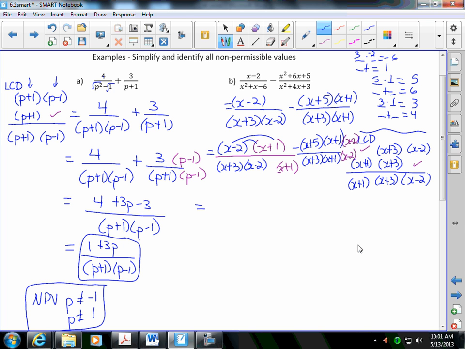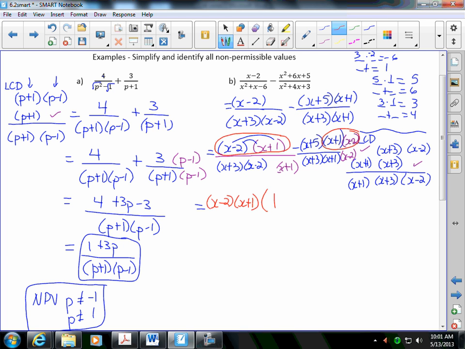But if I take a look at this side here, it has an x plus 2 and x minus 2 and x plus 1. This side here has an x plus 1 times x minus 2. So that is a common factor between the two of those. So if I GCF that out, I'll have x minus 2 times x plus 1. So if I take it out of this side of the equation, that means that I'm left with 1.